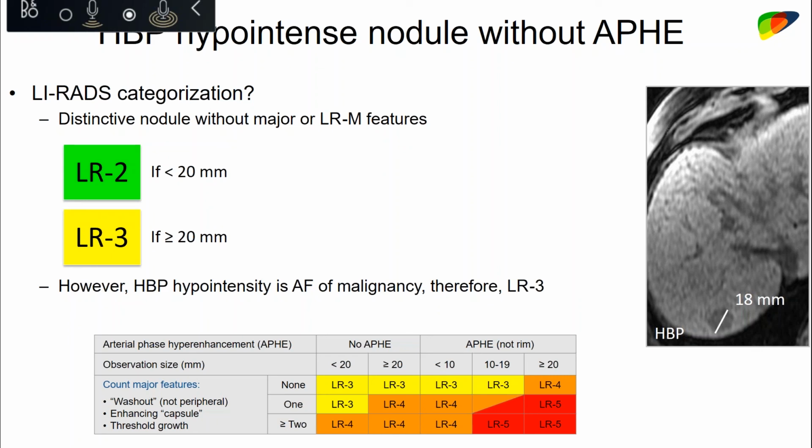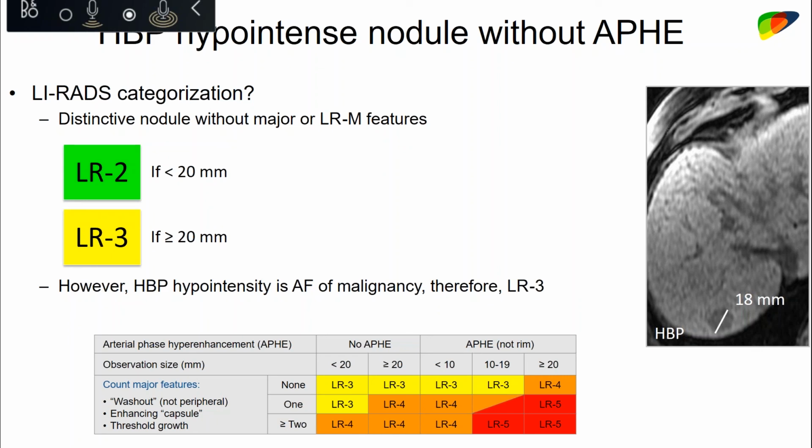So this is a perceived advantage of hepatobiliary contrast because you can detect these high-risk nodules prior to them developing into progressed hypervascular HCC, and nodules such as this, which may be occult on all other sequences.